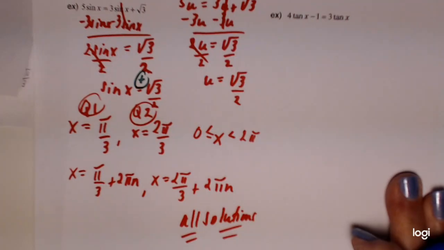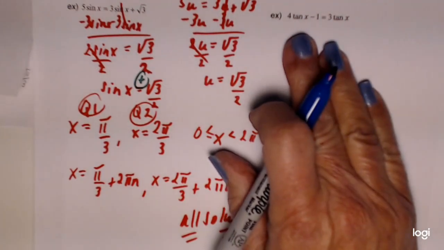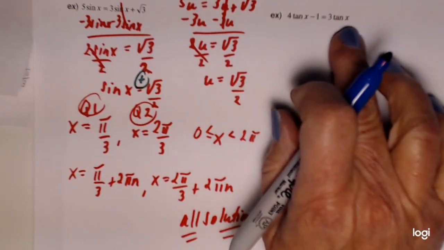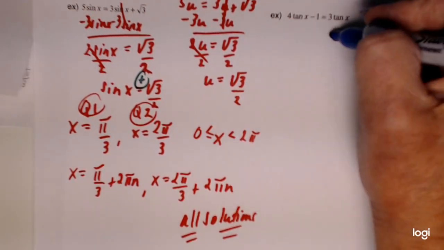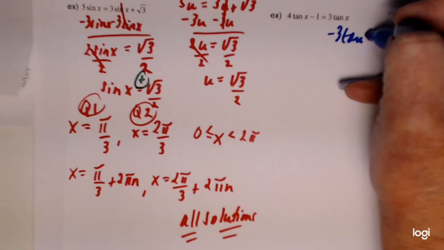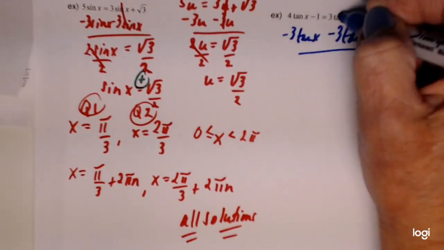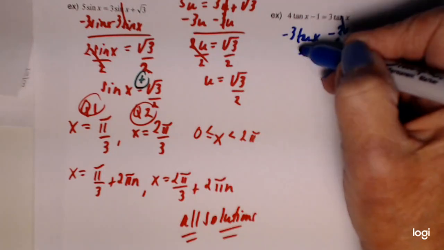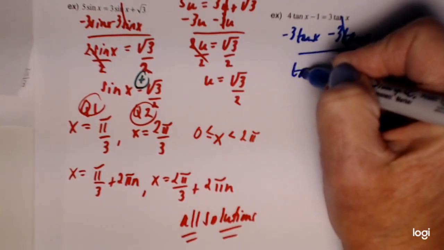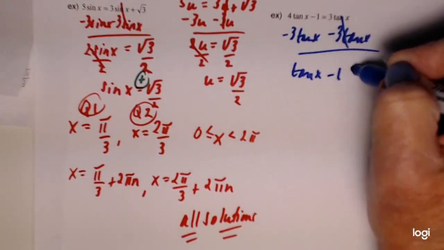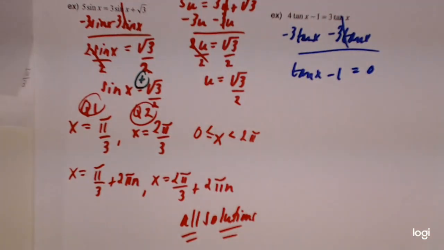In this particular example, we're looking to solve for the tangent of x. So I'm seeing tangent on this side and tangent on this side. So first thing I'm going to do is subtract tan x from both sides. And now I have 4 minus 3. I have the tangent of x minus 1 is equal to 0. This is algebra we know already.